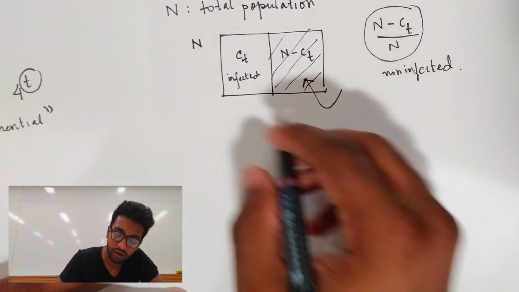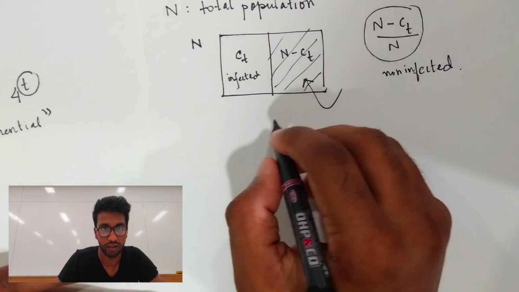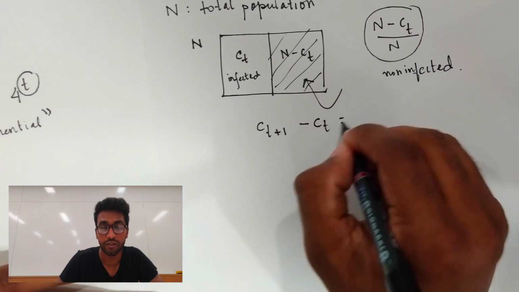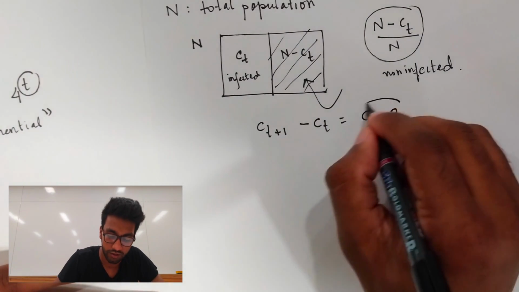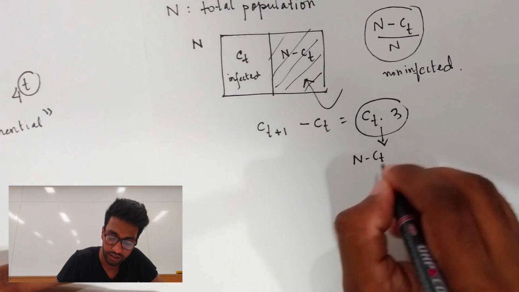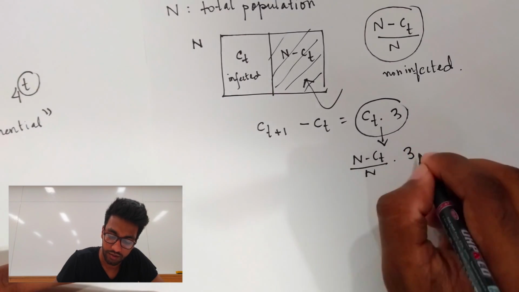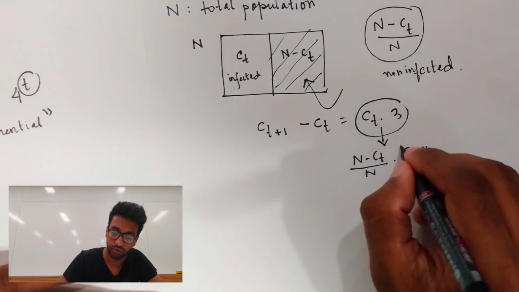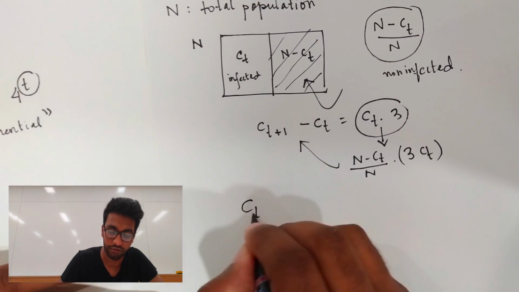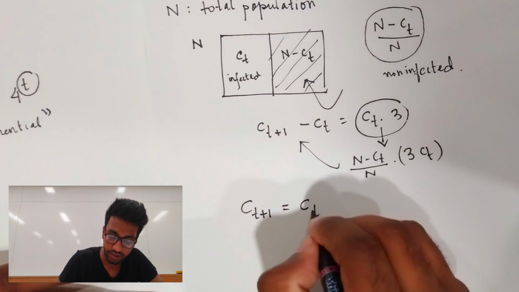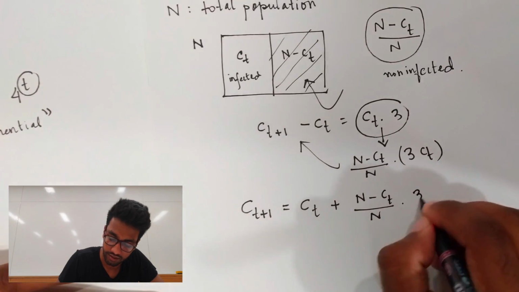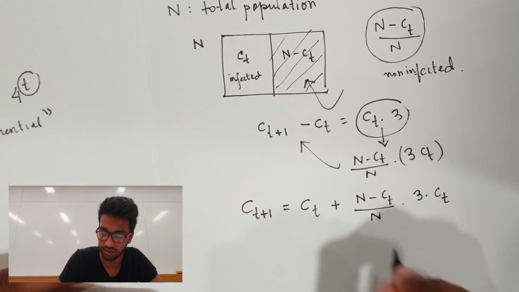Initially, we were considering that all the contacts transferred into an infection, but now we know that only those contacts become an infection which belong to non-infected people. So out of these 3 into CT people, we only have this proportion, (N minus CT) by N of them, becoming a new case. So if we put this new observation into our equation, the equation becomes CT plus 1 is CT plus ((N minus CT) by N) into 3 into CT.